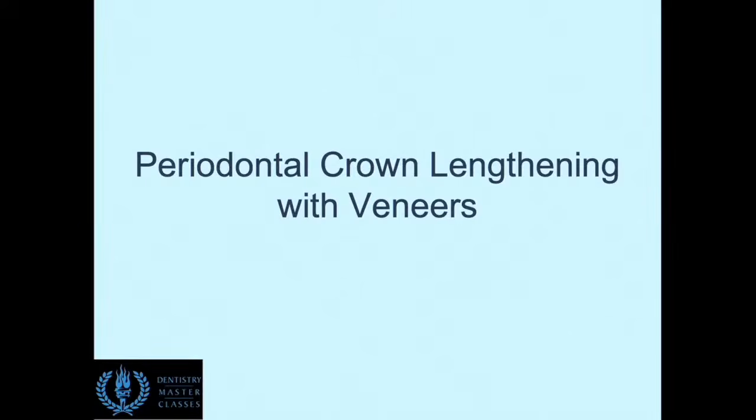Okay, this is going to be, I think, interesting. This woman's an attorney, and someone had placed veneers on her lateral incisors, and she hated them. Well, what do you see now that we've talked about what we've talked about with this case?